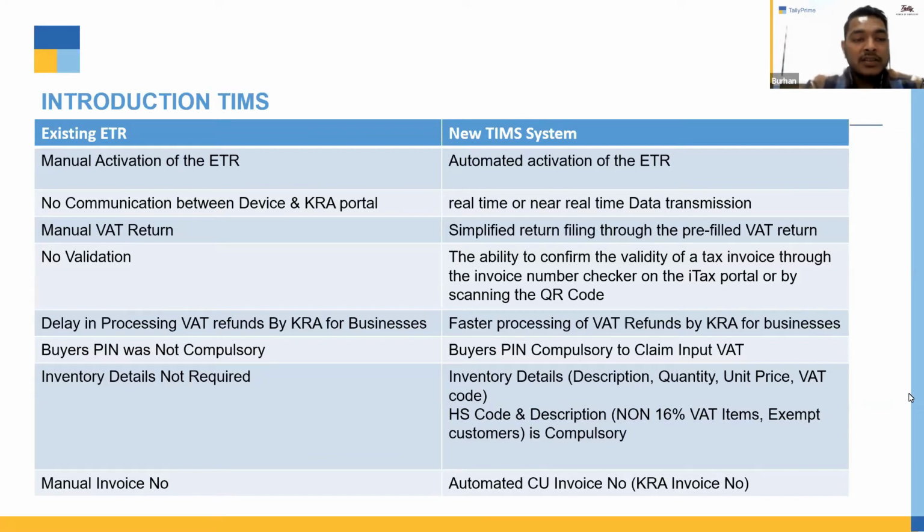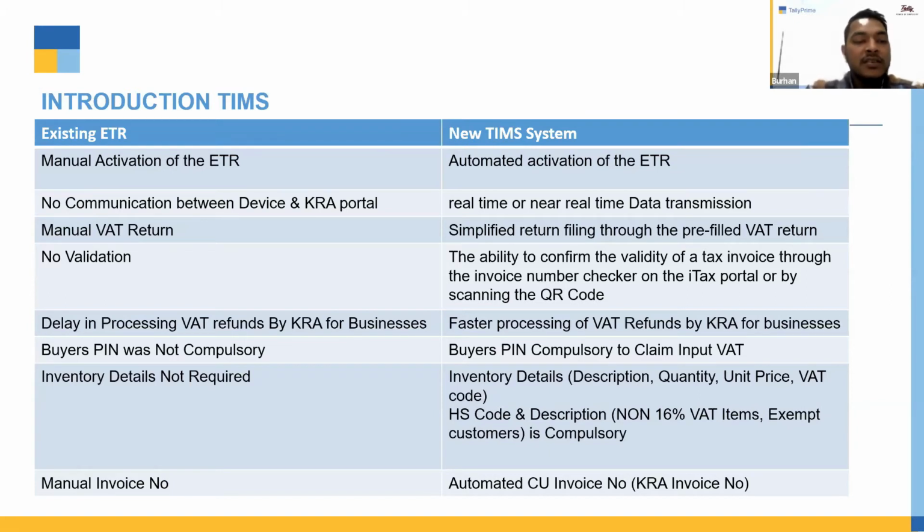On the existing ETR, there is no validation. On the new TIMS machine, there is the ability to confirm the validity of a tax invoice through the invoice number checker on the iTax portal, or you can scan the QR code. Once you scan your invoice, you can get your details in the KRA portal: this is your sales invoice, this is your credit note, everything through your iTax portal.